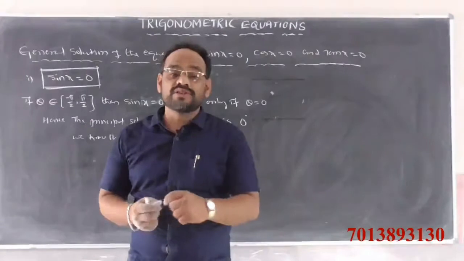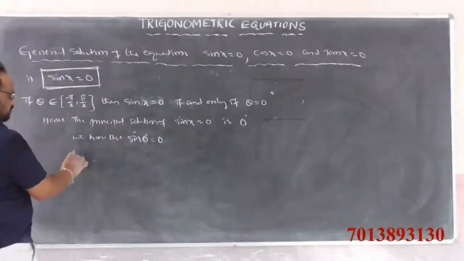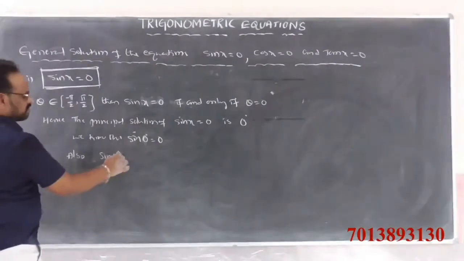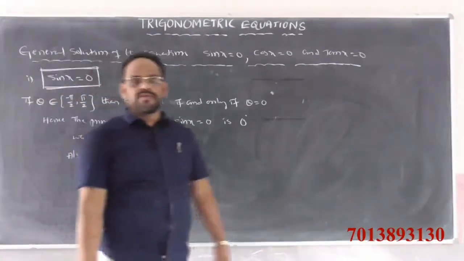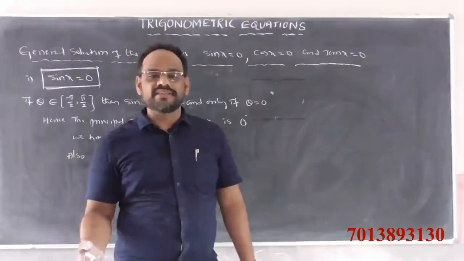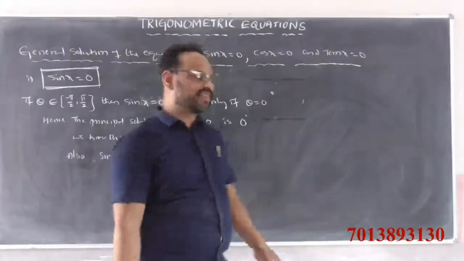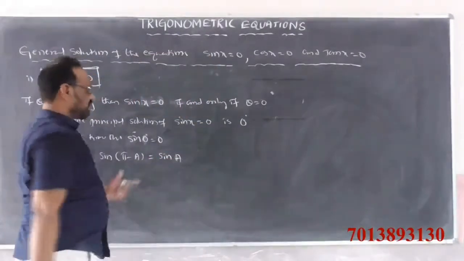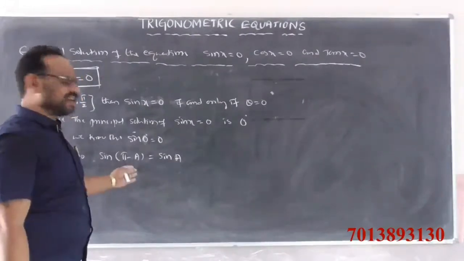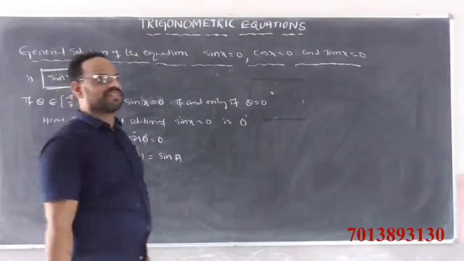Also, we know the identity sin(π − a), that is sin(180° − θ). Clearly, sin(180° − a) lies in the second quadrant, where sine is positive.